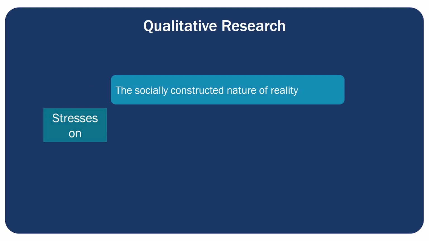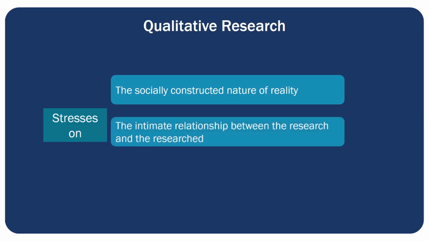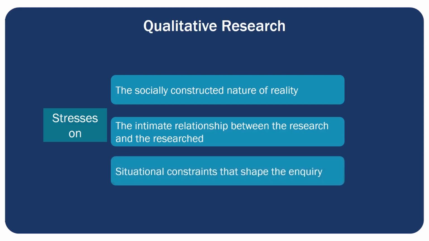The emphasis is, first of all, on the socially constructed nature of reality and the relationship between the researcher and the researched. That means the persons who gather the data and the persons who give us the information, the kind of relationship between them, and the constraints posed at the time of inquiry also shape the inquiry.